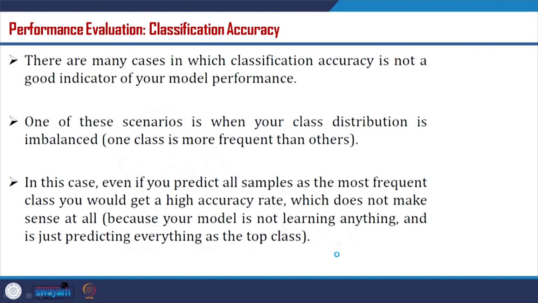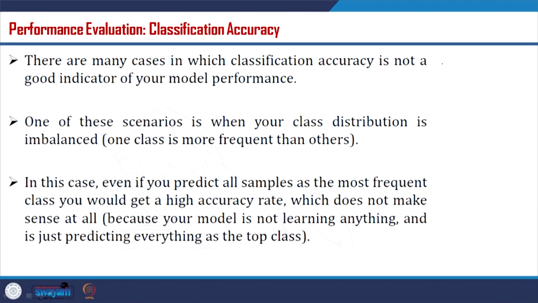In this case, even if you predicted all samples as the most frequent class, you would get a high accuracy rate, which does not make any sense, because your model is not learning anything and it is just predicting everything as the top class. The model is seeing more patterns from that class and then predicts everything into that particular class. So, it is not a good performance.